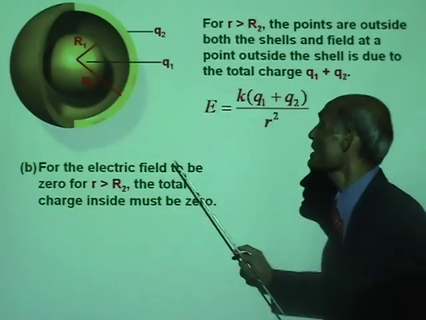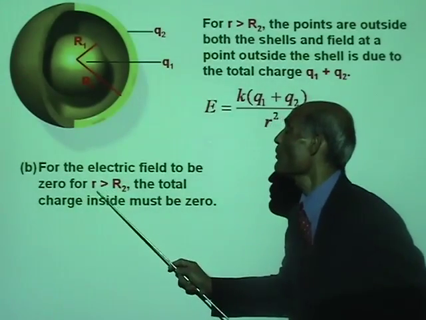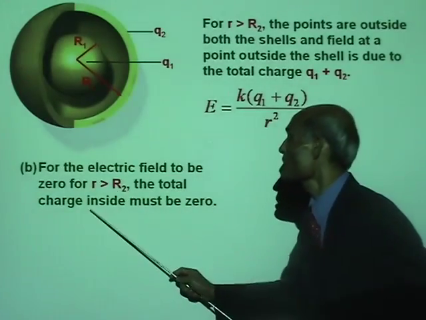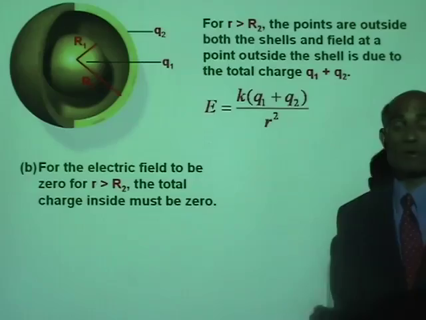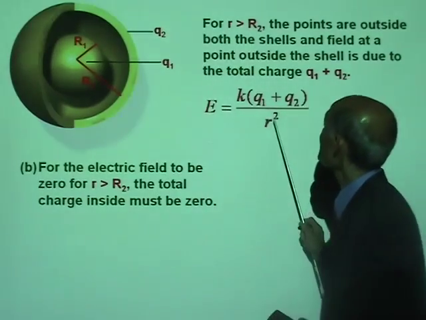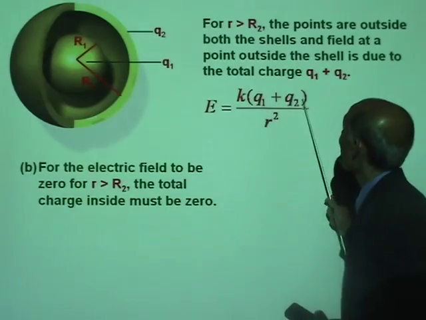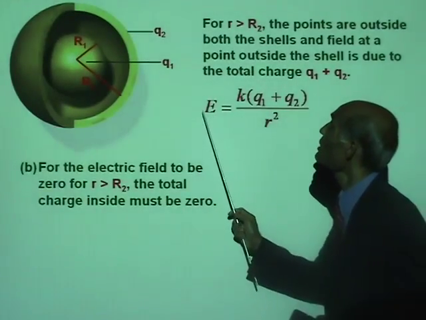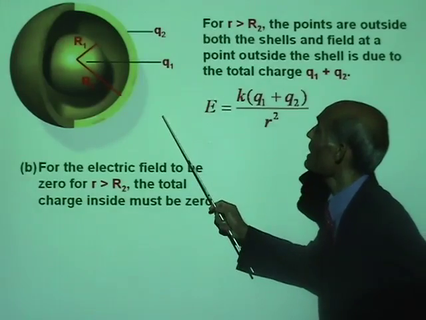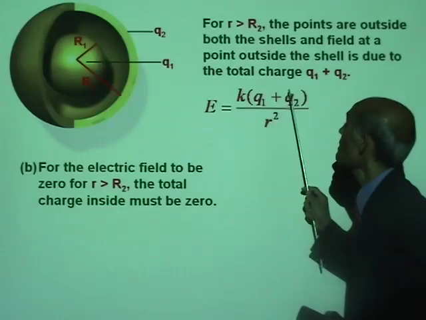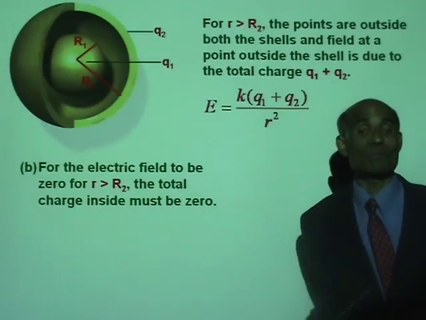For the electric field to be 0 for R greater than R2, the total charge inside must be 0, because at any point outside, the electric field is produced by the combination of Q1 and Q2. The only way this electric field outside will be 0 happens when Q1 plus Q2 equal to 0.